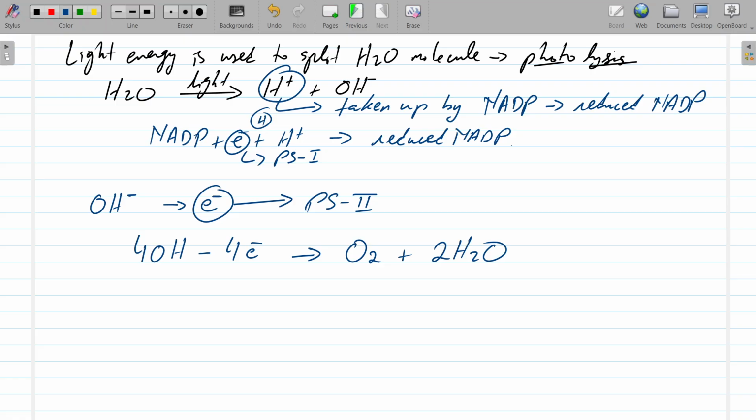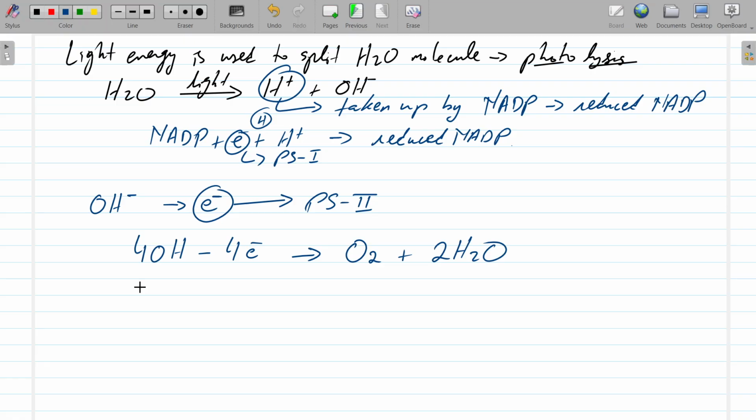And that is the end of non-cyclic photophosphorylation and the end of the light dependent stage. Now, does this seem a bit confusing?